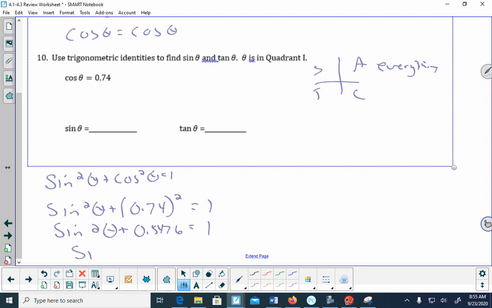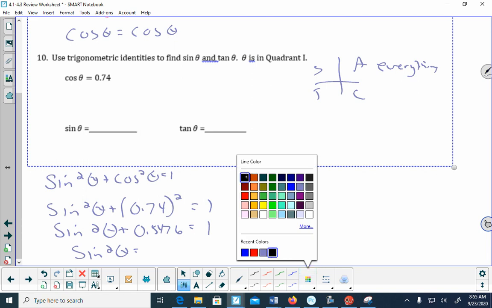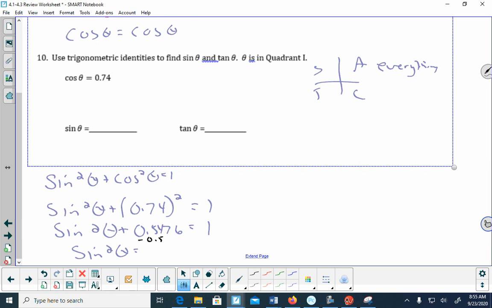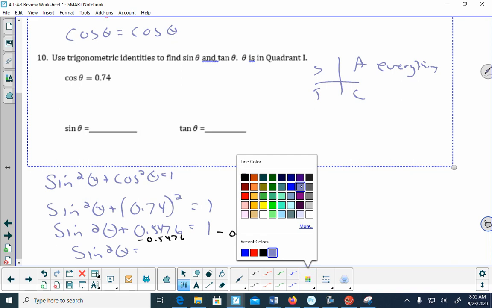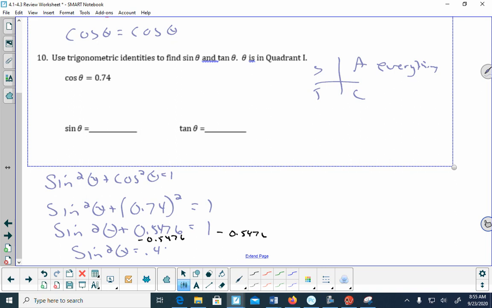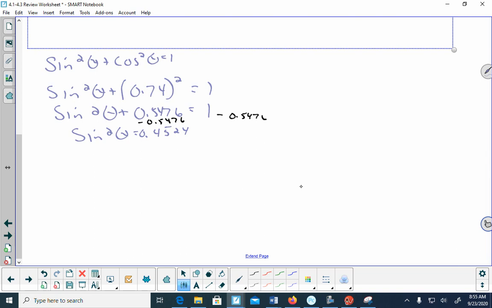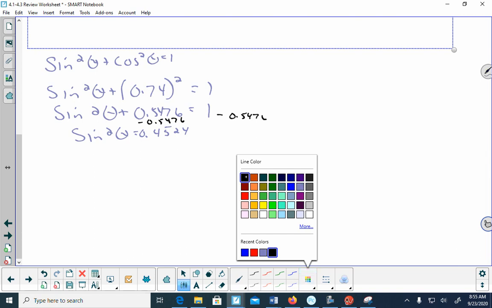To find sine squared, I'm going to subtract this 0.5476 from both sides. And when I subtract, I end up with 0.4524.